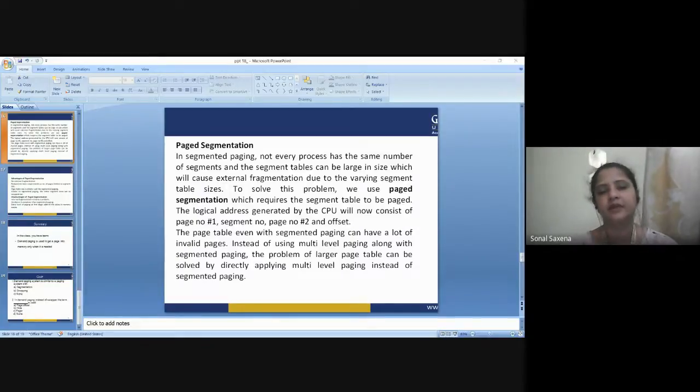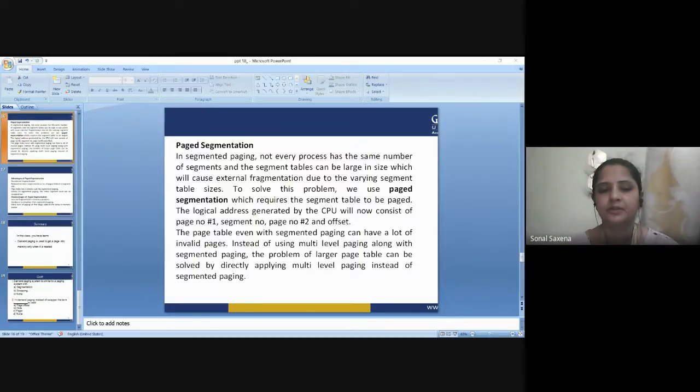Now, what are the advantages of this segmented paging? The very first advantage is that it reduces memory usage. Then, page table size is limited by the segment size.